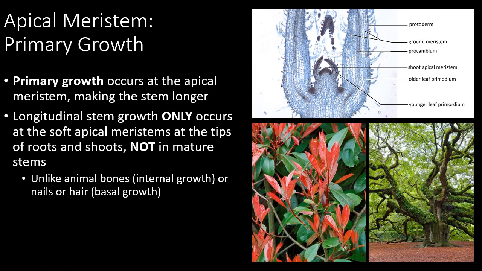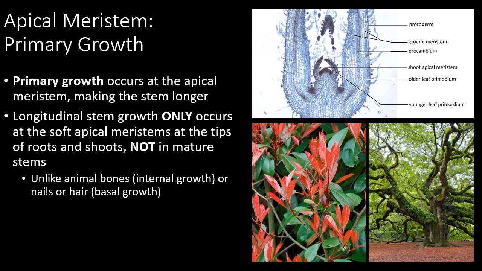And at the apical meristem, we're seeing primary growth. So primary growth is basically just growth that makes the stem longer. And one of the most frequent misconceptions that I'm really going to try to drive home through my discussion here is that a lot of people don't understand this, and then it causes problems for them.